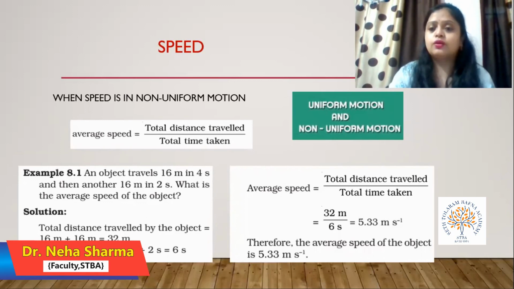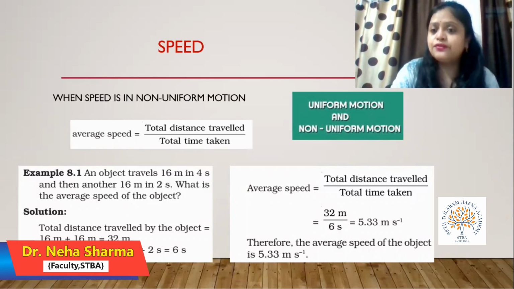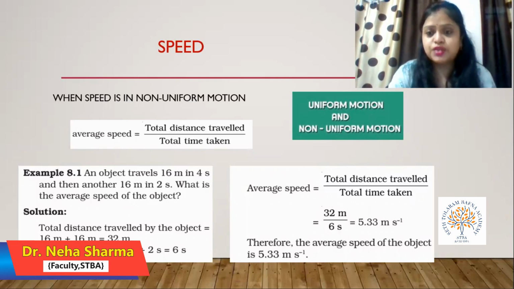So in that case, we identify the total distance traveled. We don't calculate the speed by applying a direct formula. In non-uniform motion cases, we normally calculate the speed as average speed, that is the total distance traveled divided by total time taken. You can understand this by this example from your book.